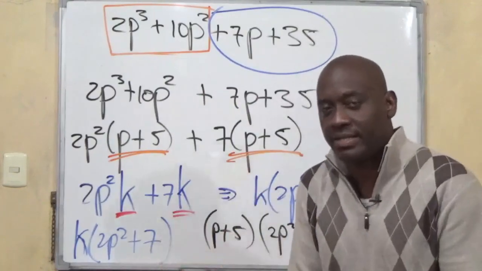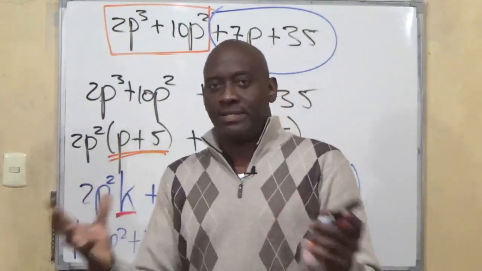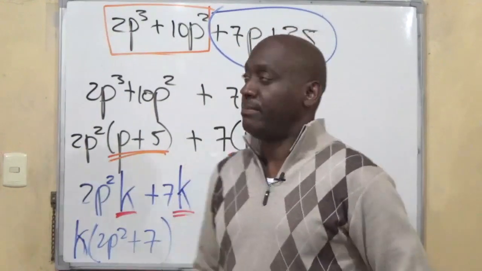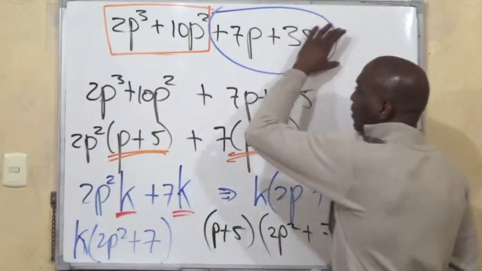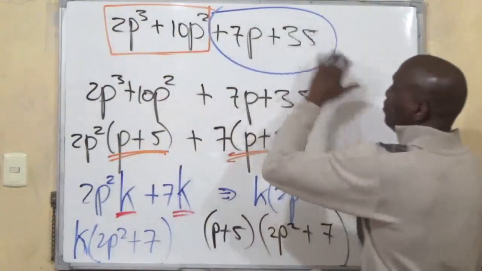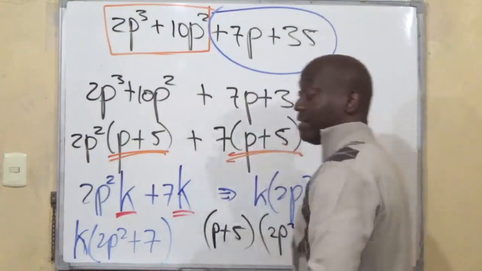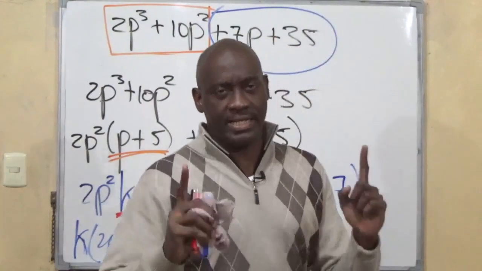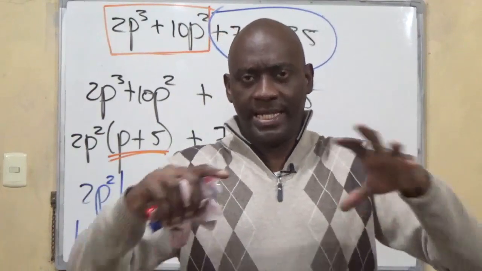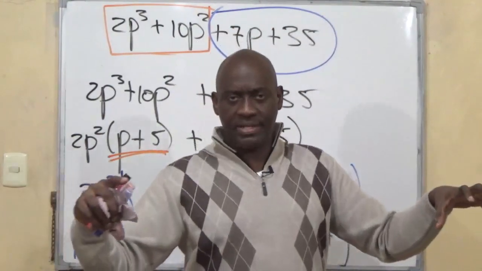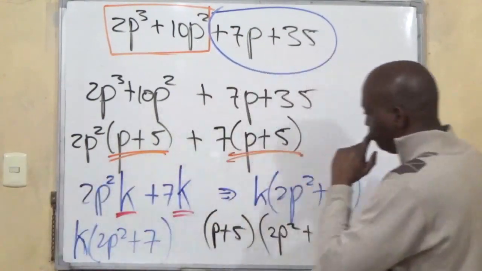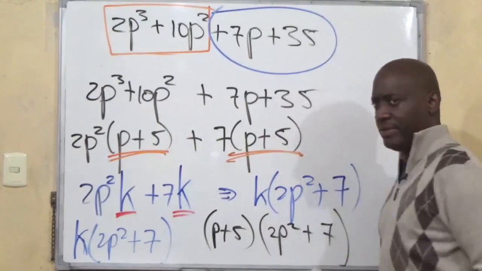That is the basic foundation for this thing that we refer to as factorization by groups. You divide a longer expression into two groups. You factorize each group separately, and then you realize, but wait, we have p plus 5 here and we have p plus 5 here.